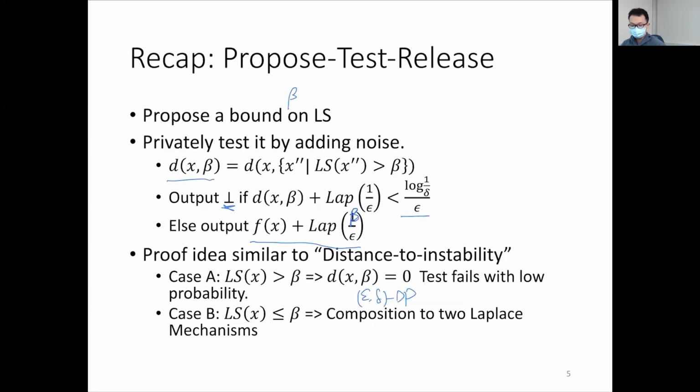First, it's a post-processing of a Laplace mechanism, which gives you pure DP, and the second round is just privately releasing something that is certifiably with local sensitivity bounded by beta, right? So this also gives epsilon indistinguishability. So overall, this is 2 epsilon, 0 DP. So altogether, you get 2 epsilon delta differential privacy.